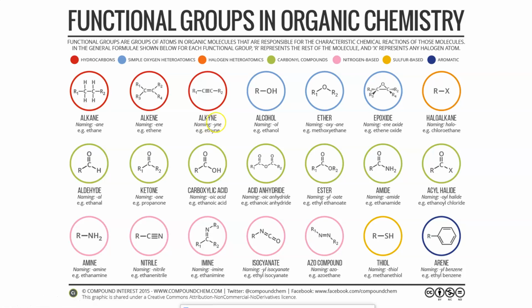Now, if we add other atoms different than carbon and hydrogen, we are going to form different families. For example, if oxygen is present in the form of a hydroxide like this, then we're going to call that compound an alcohol. All right? They belong to the family of alcohols. And once again, all of them have very similar chemical properties.